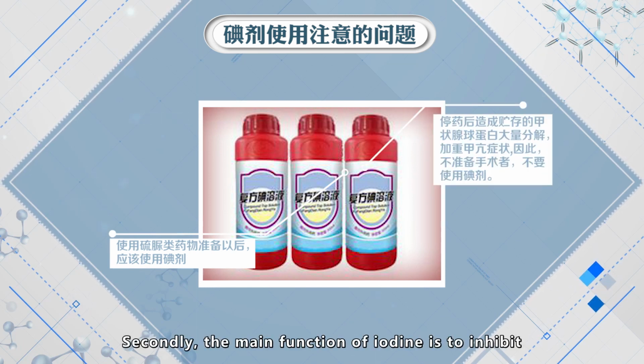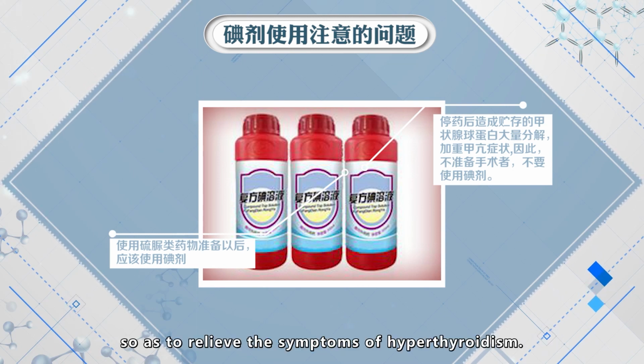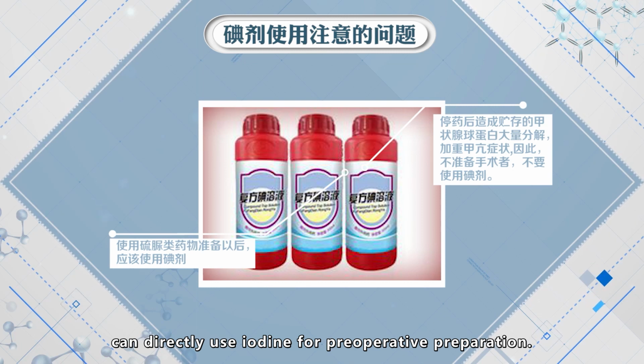Secondly, the main function of iodine is to inhibit the release of thyroxine so as to relieve the symptoms of hyperthyroidism. Patients with mild symptoms can directly use iodine for preoperative preparation.